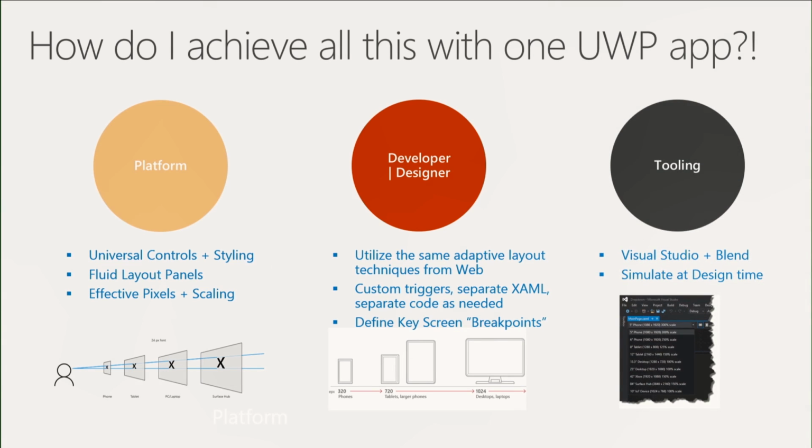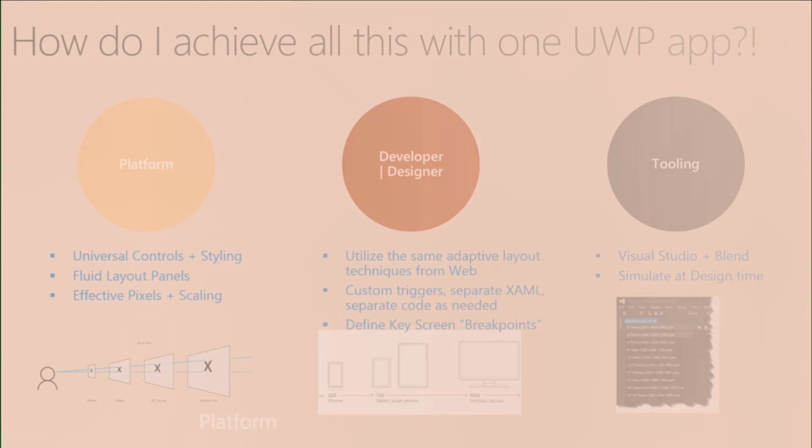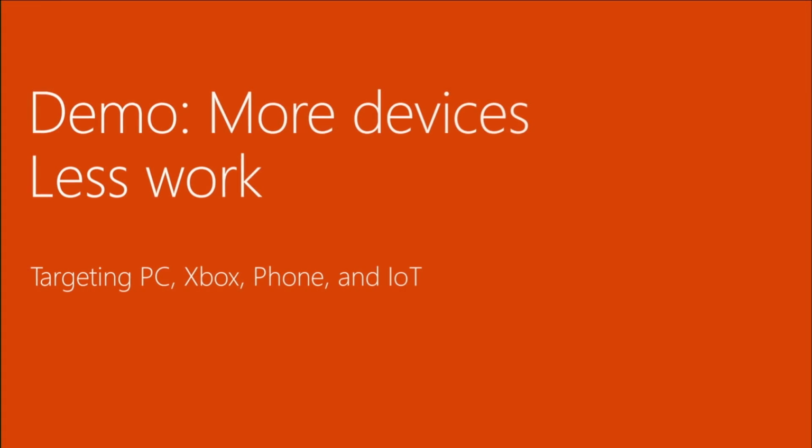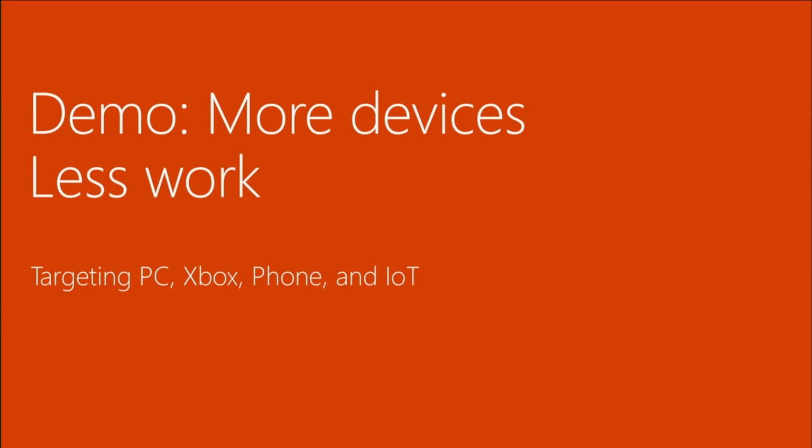In Visual Studio and Blend, you can visualize your layout on different screen sizes for different devices and in different orientations. So it's a really powerful set of tools we've given you to create apps that run across different devices.